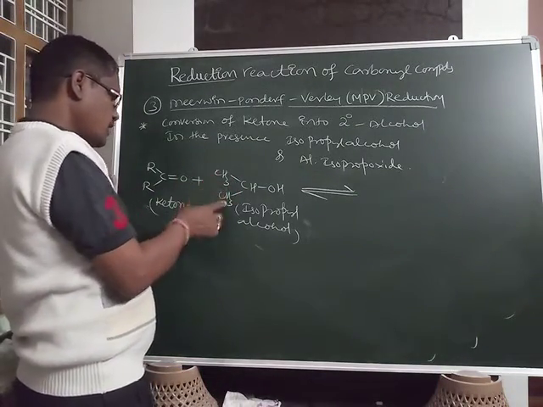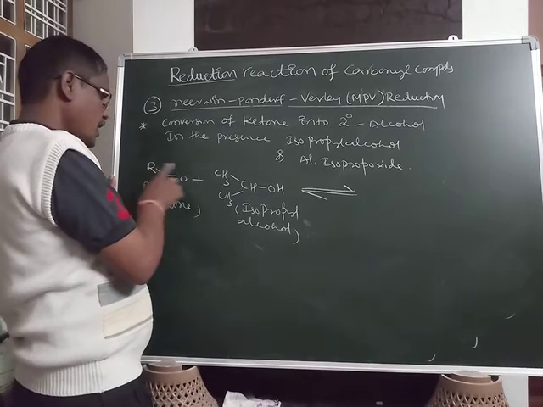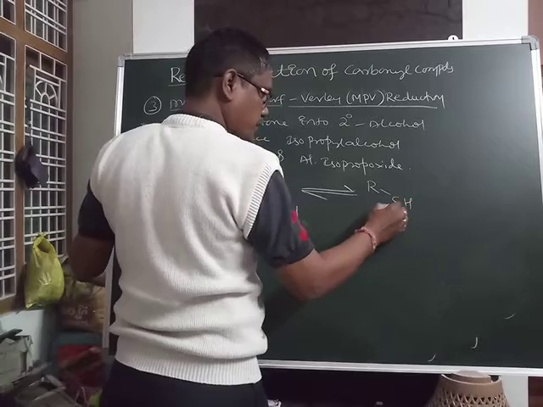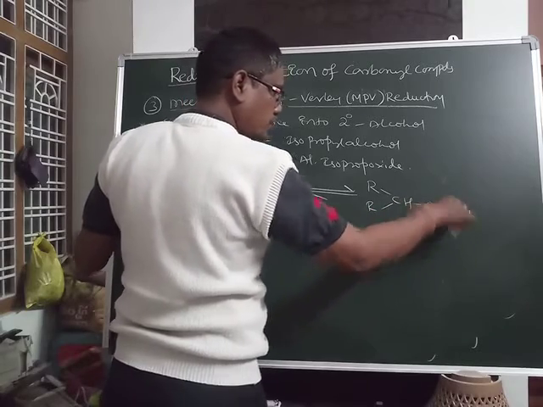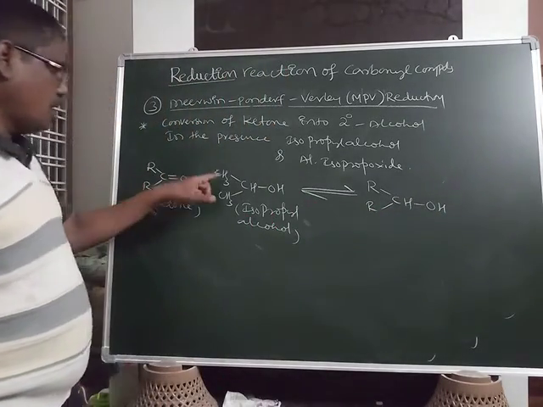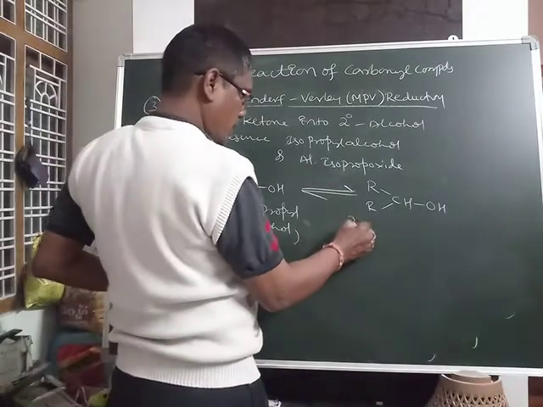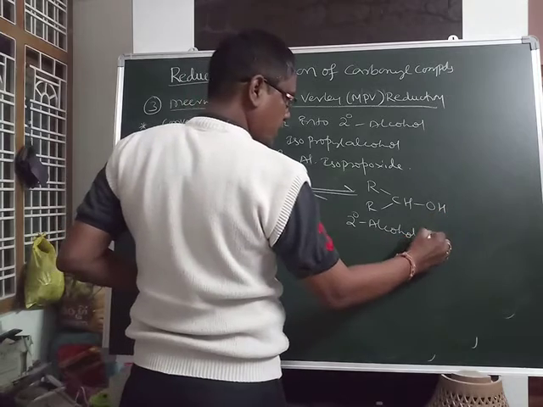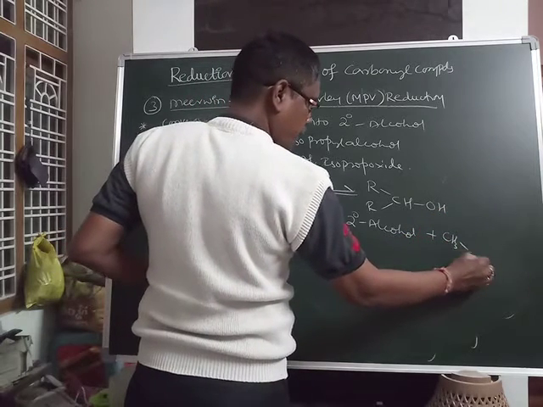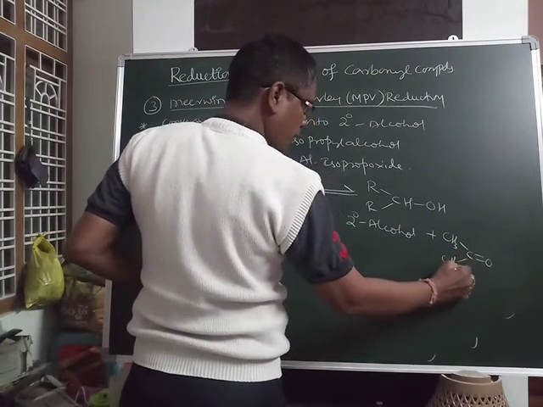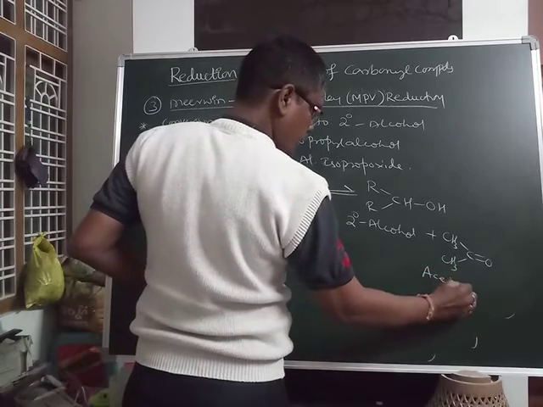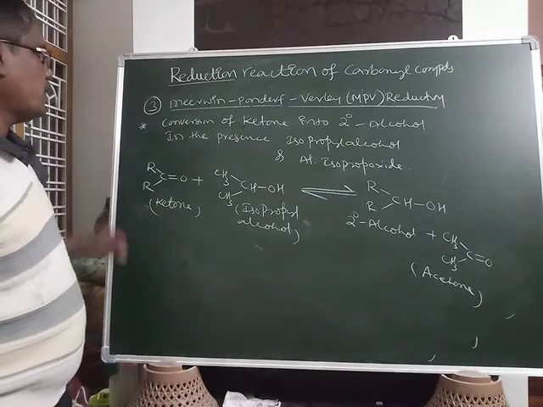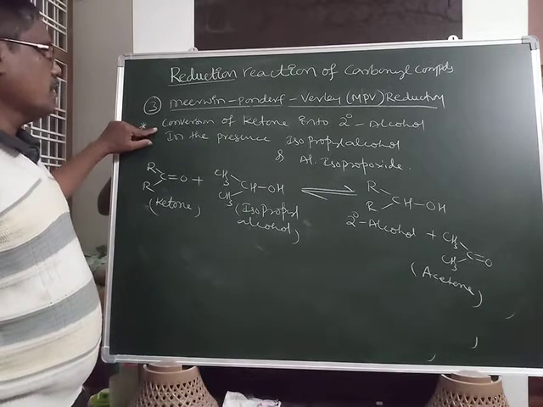This CH3 will attach here and R will be added at this position. This is called secondary alcohol. Plus byproduct is acetone. Acetone is the byproduct.